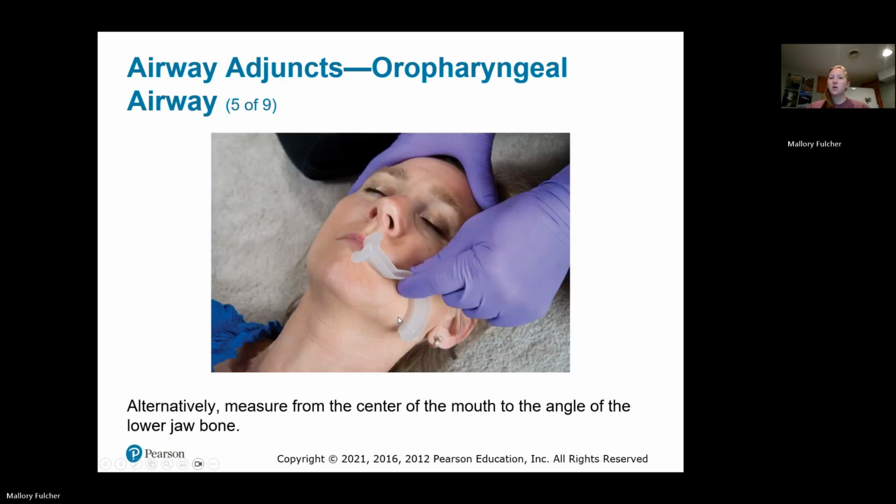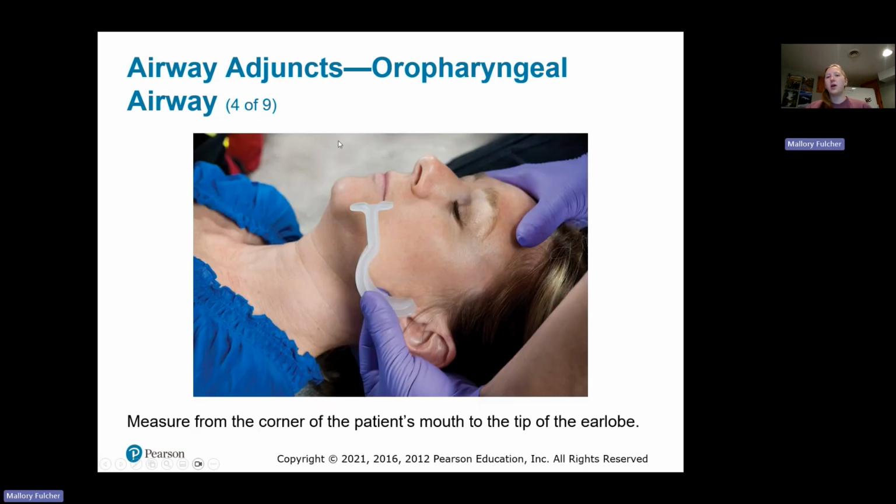When we go for insertion, this is how it will look when it sits in the airway. This one is too short, right? Or actually, excuse me, they're doing a different technique here. They're going from the middle of the mouth to the angle of the jaw. I prefer this way.